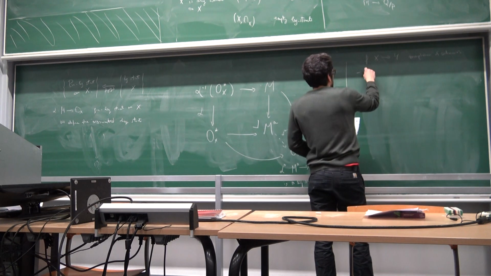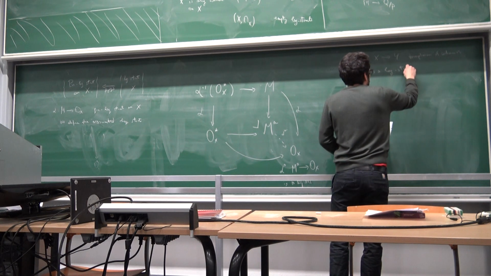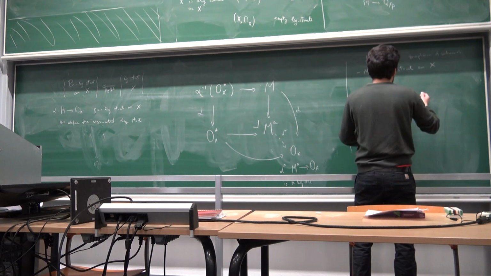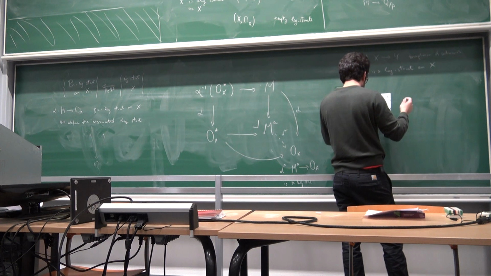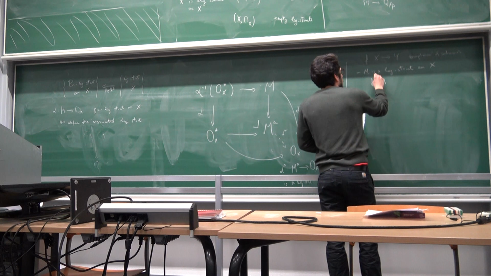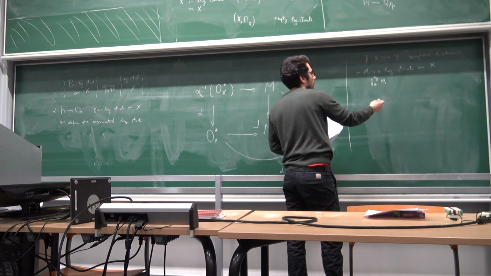So, for example, if M is a log structure or a pre-log structure on X, then we define the direct image log structure. I decorate with log to distinguish from just the pushforward of sheaves.